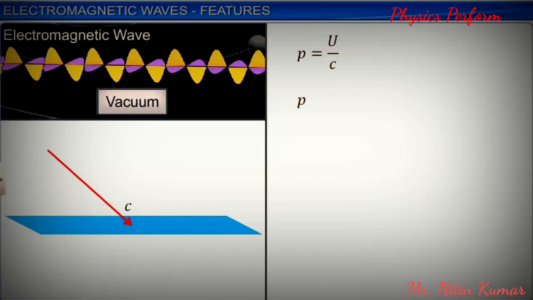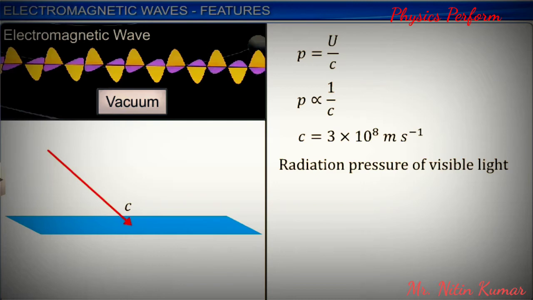Since the value of c is very high, the momentum exerted by the electromagnetic radiation is negligible. The radiation pressure exerted by the visible light is determined by calculating the momentum using the formula p is equal to U by c. The radiation pressure of visible light is in the order of 7 into 10 power minus 6 Newton per meter square.